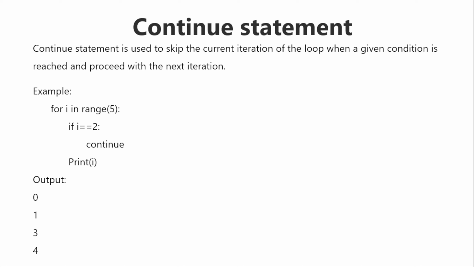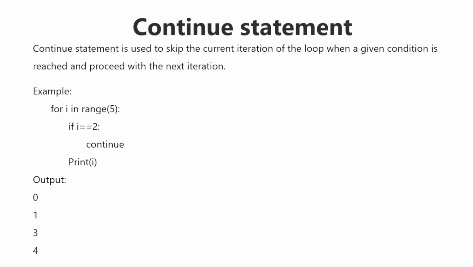In the below example, for i in range of 5, if the value of i is equal to 2, you are adding a continue statement, which helps the loop skip that current iteration and proceed with the next iteration. So if the value equals 2, that iteration will be skipped and the rest of the elements will be printed. This is the working behavior of the continue statement.